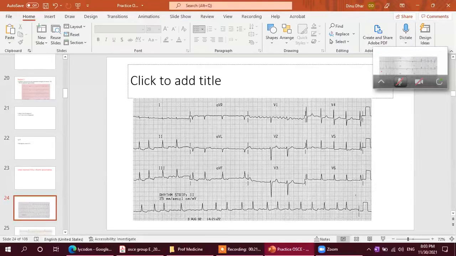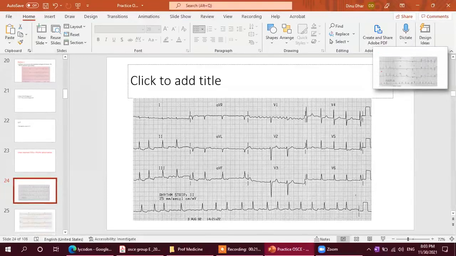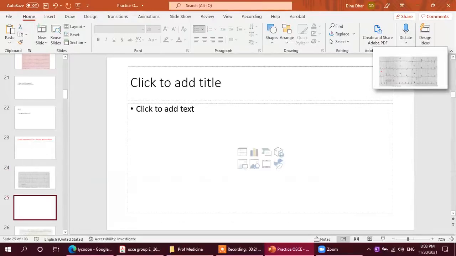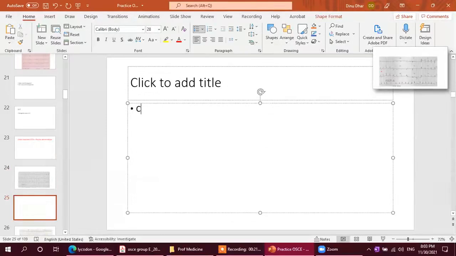The key feature here is that this is completely irregular. The rate is completely irregular, and you can see this irregular baseline in between the R waves.